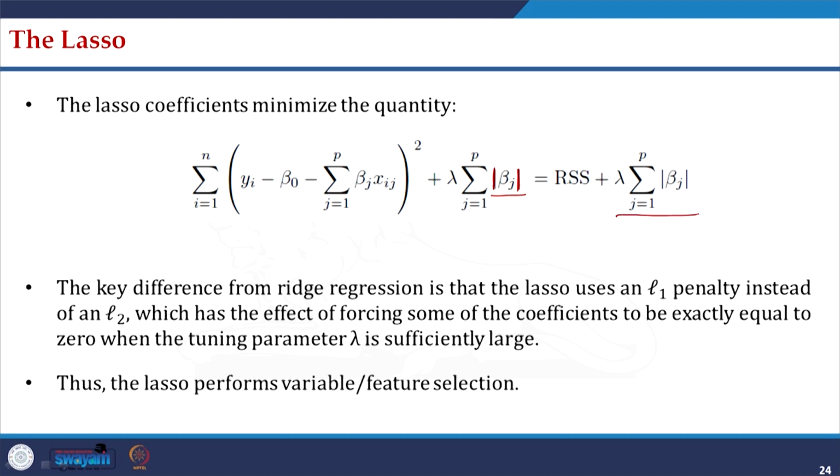This is the difference. In case of ridge, I had lambda times the sum over j equals 1 to p of beta j squared, whereas here I have the sum of the absolute values. So, here I am using an L1 penalty instead of L2, which forces some of the coefficients to be exactly equal to 0 when the tuning parameter lambda is sufficiently large.